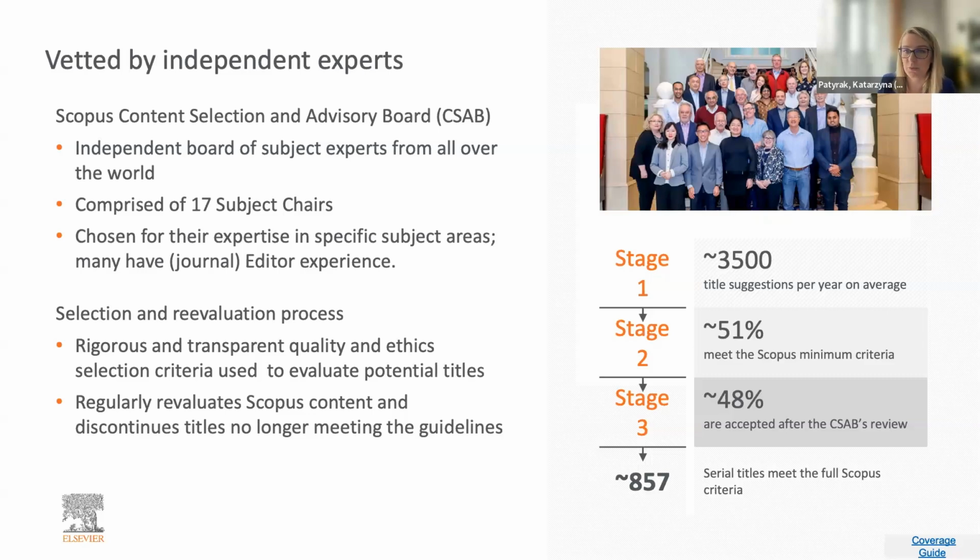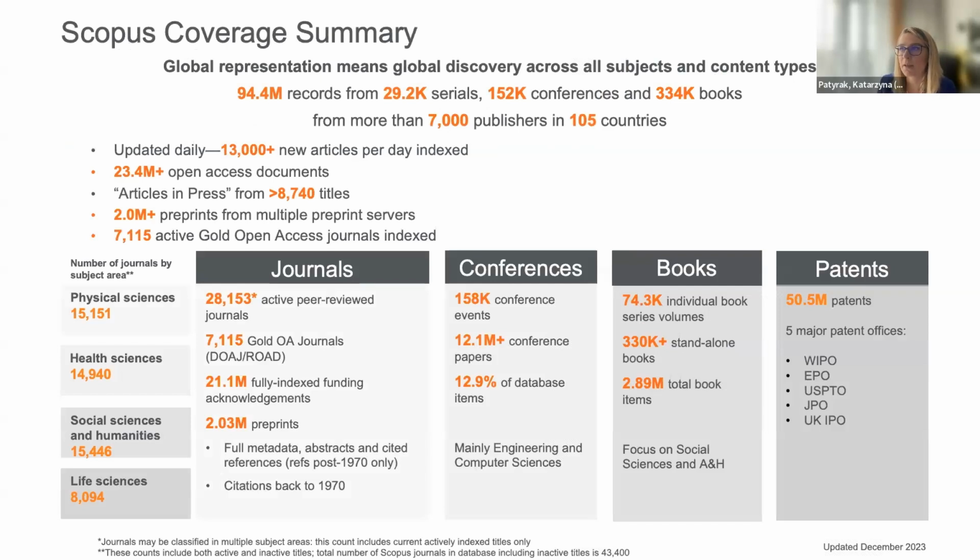The publications that were indexed in Scopus are still there. But from the moment the journal is discontinued, it means we don't index the publications from this journal anymore. So the summary of what is in Scopus is this slide. As I mentioned, there are over 94 million records in it.